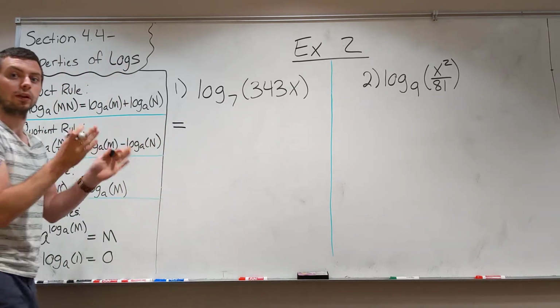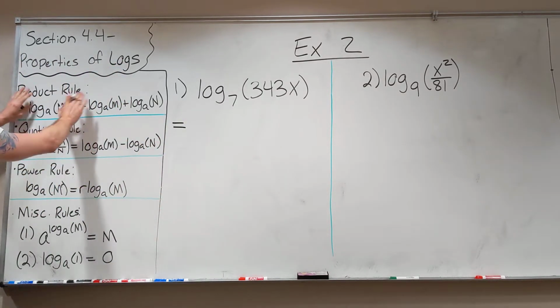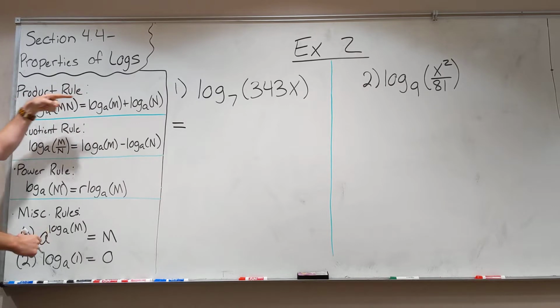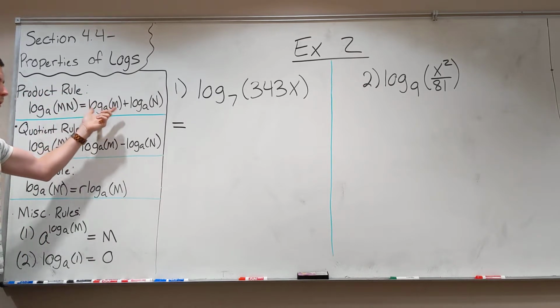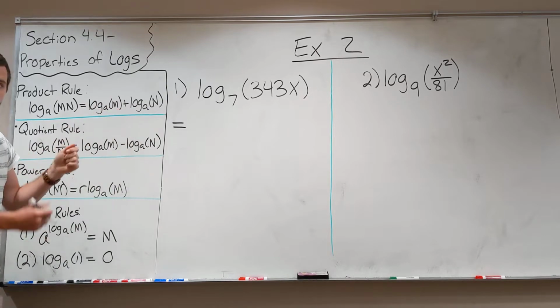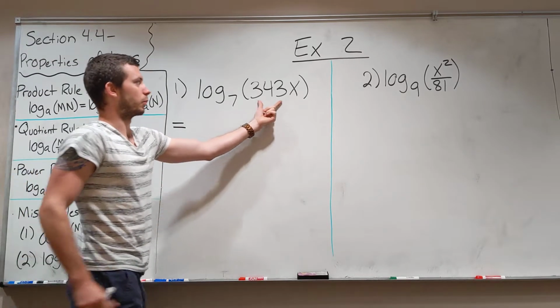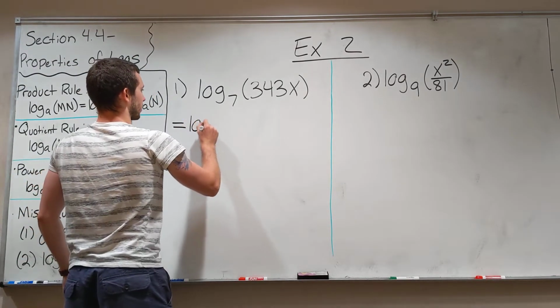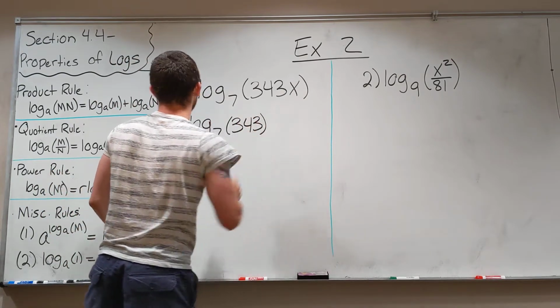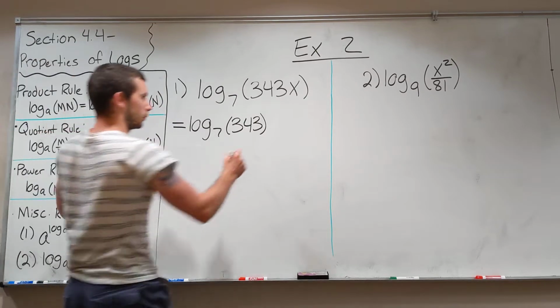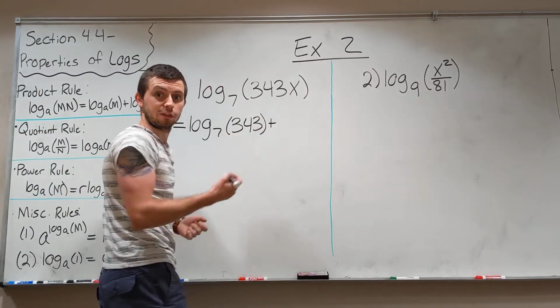And if we follow the criteria for the product rule, so we're going this direction. It says if we have a product, then each number or each expression in the product gets its own logarithm. So 343 is going to get its own logarithm. And then plus, and x gets its own logarithm.